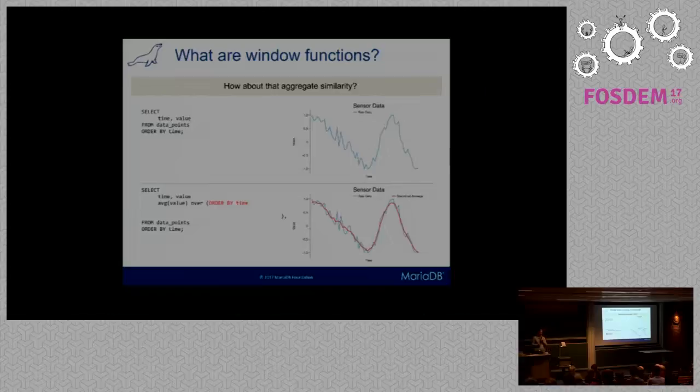We first need to order the data by time, because that's how we want things to be averaged over. Then we need to tell it that we want it to average stuff with a few rows before and a few rows after. And we do this with another special syntax called a frame definition. Here we tell it to average 3 rows before it and 3 rows after the current value.